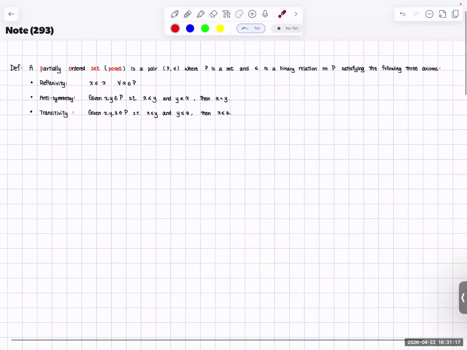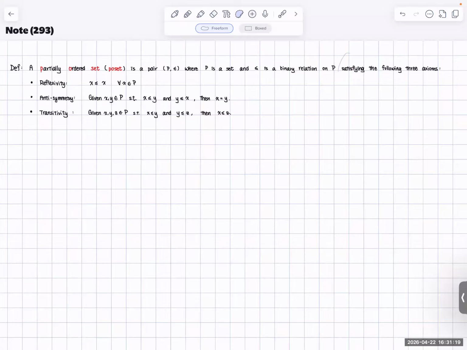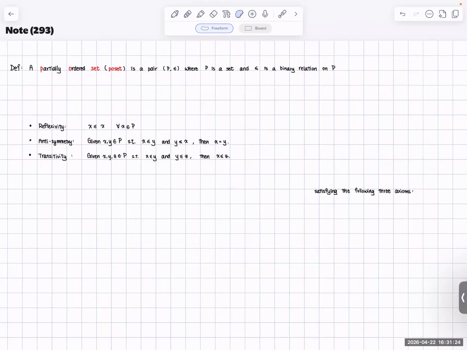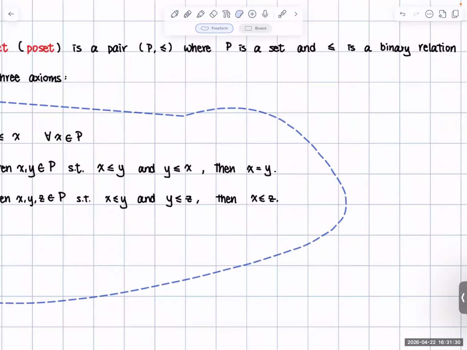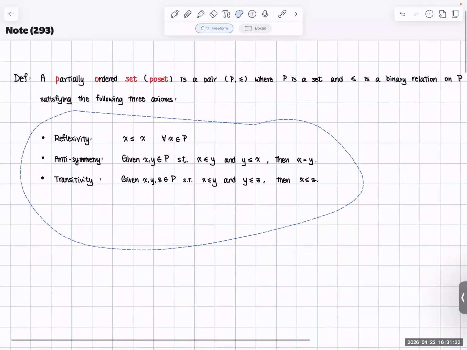All right, so let me just move it so that everyone can see it bigger. And then I'll just make it like this. Would that be good? Good. All right.